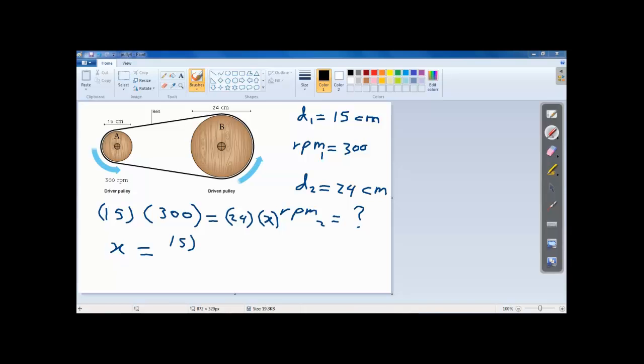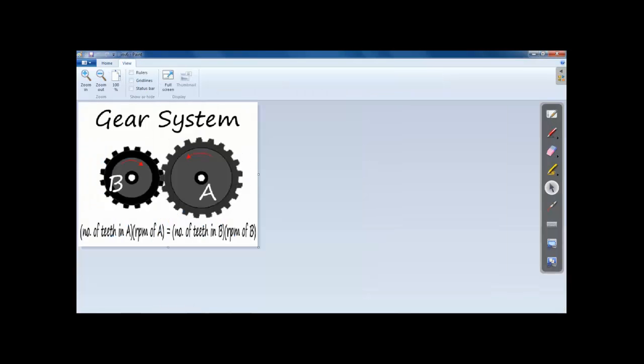So x is going to be equal to 15 times 300 divided by 24, and this is going to be 187.5 RPM.